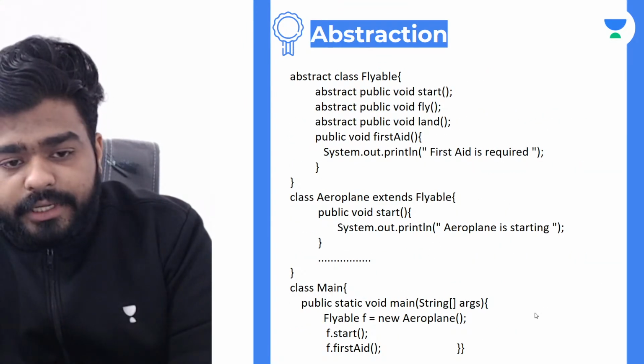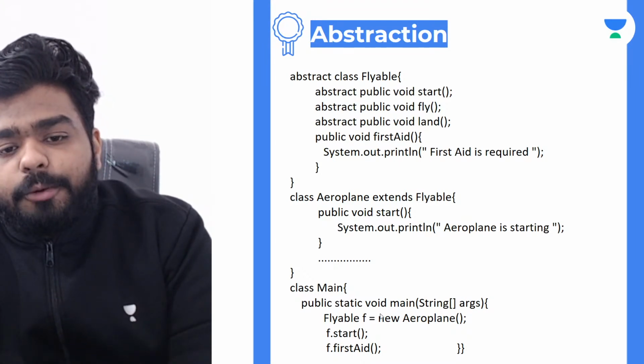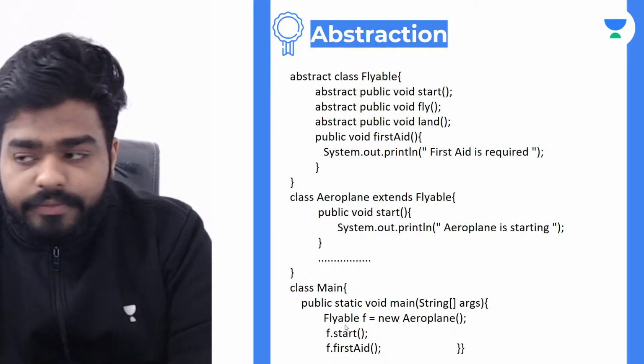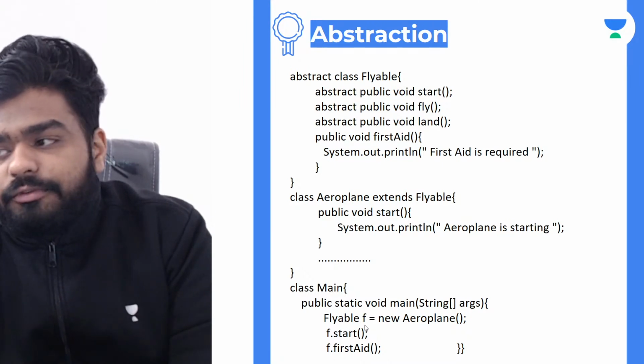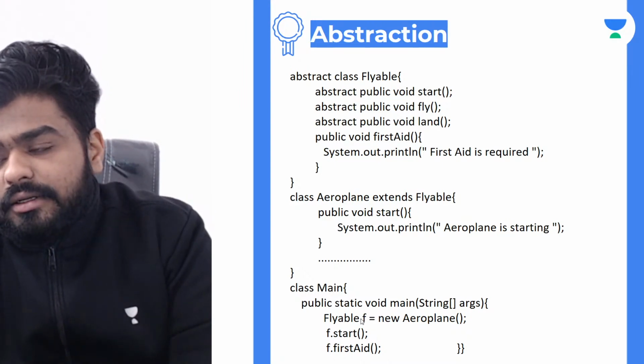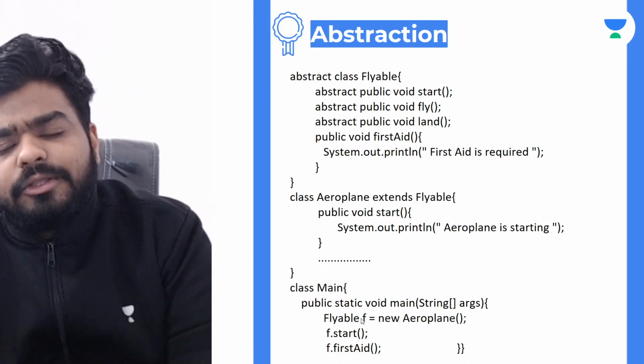Object reference of aeroplane. F is a pure object of aeroplane with the help of flyable class. That's what is the meaning of that. You can say object reference of aeroplane. You can say that object reference variable दोनों same होता है.